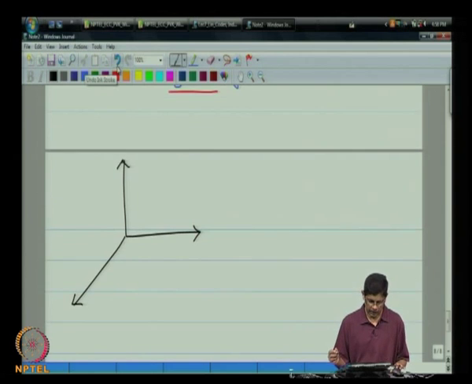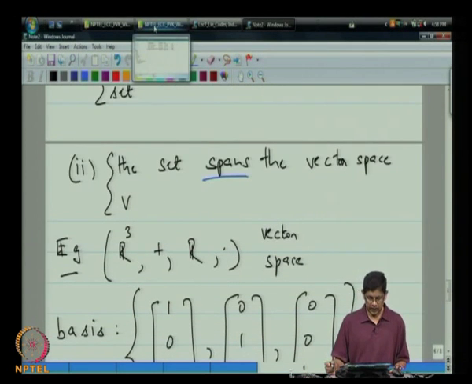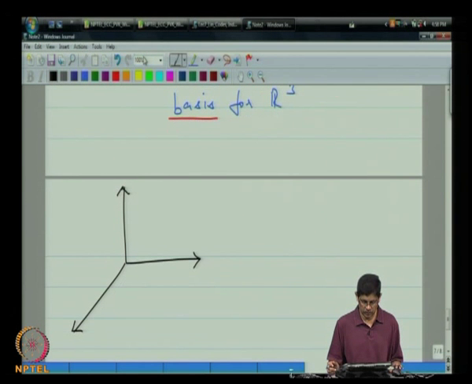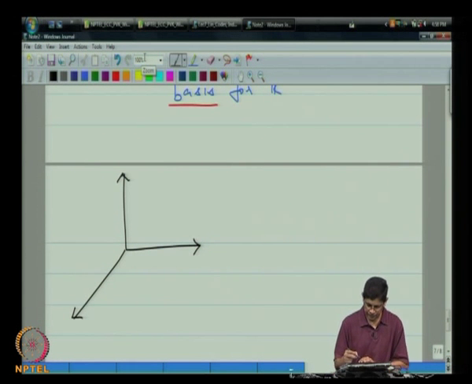So, if you were to ask the question, in general, could you lay down a condition for a bunch of vectors to be a basis, the answer is yes.